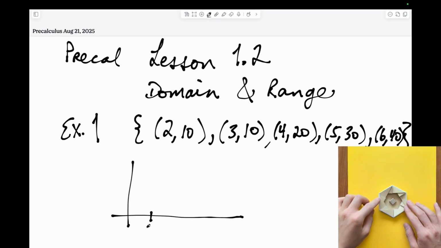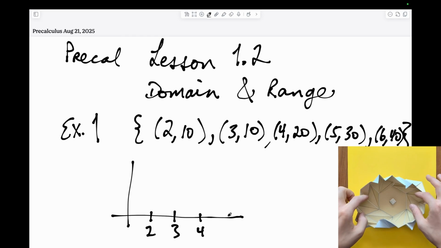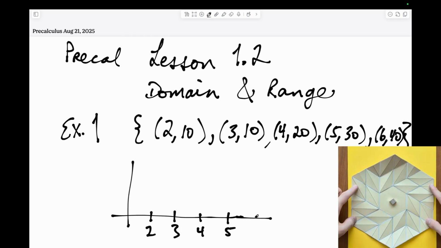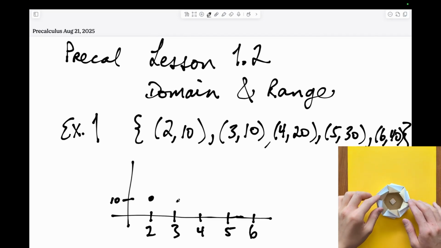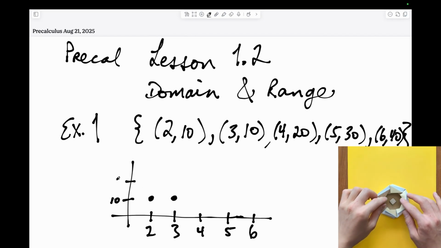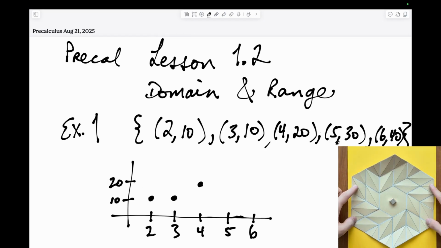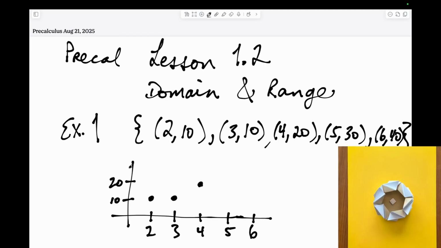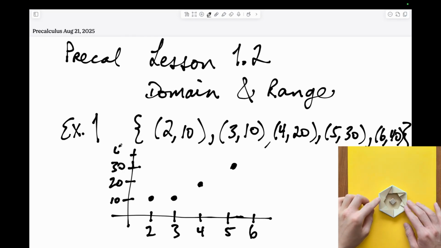Math is a visual discipline, as well as an analytical one and a verbal one. So at 2, we have a value of 10. At 3, we also have a value of 10. At 4, we have a value of 20. At 5, we have a value of 30. And at 6, we have a value of 40.